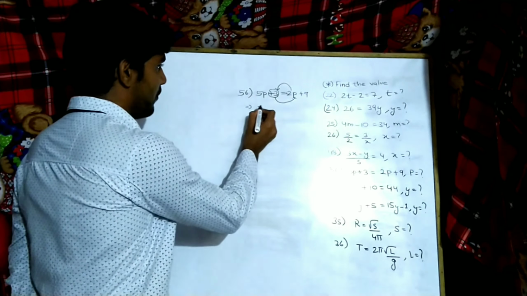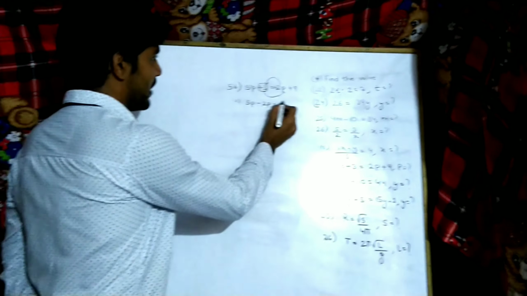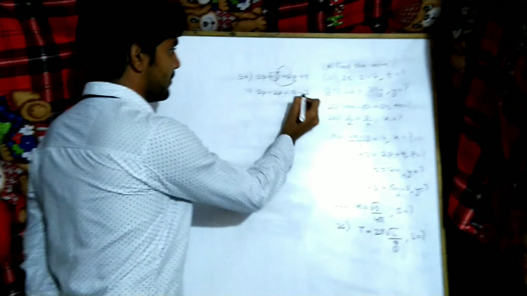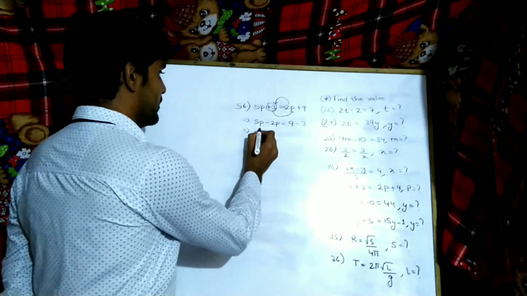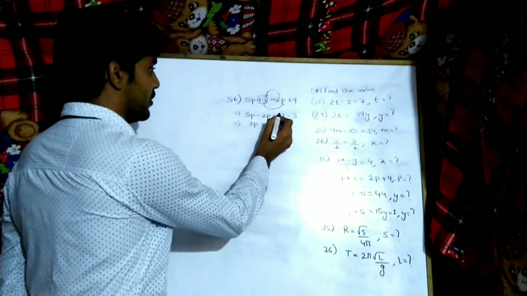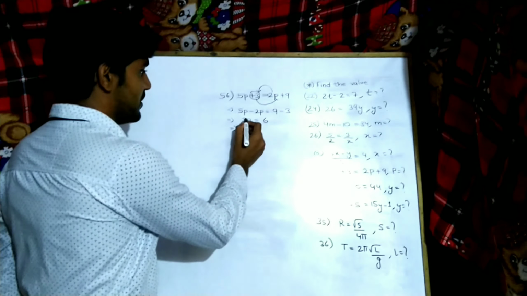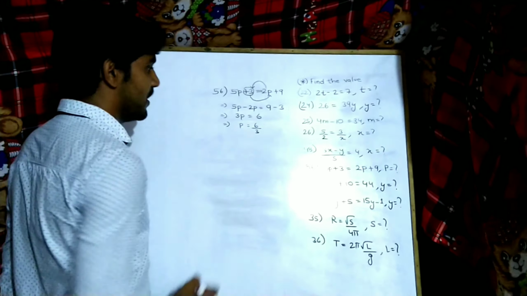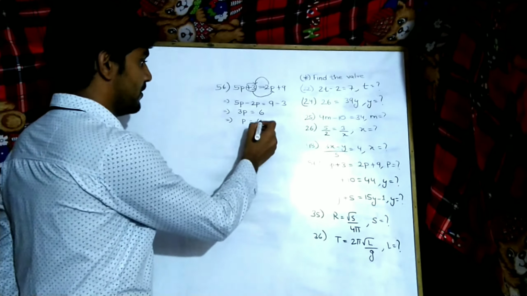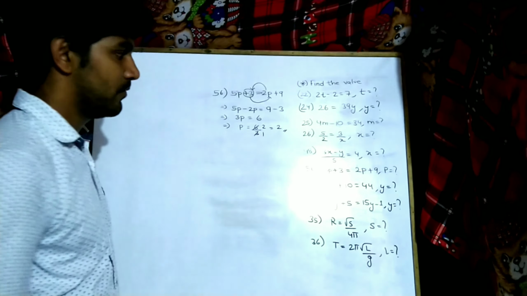So 5p minus 2p is equal to 9 minus 3. So 5p minus 2p, how much? 3p is equal to 9 minus 3, 6. So this multiply goes that side becomes division. So p is equal to 6 by 3. 2's are 1's are. So this is the answer.